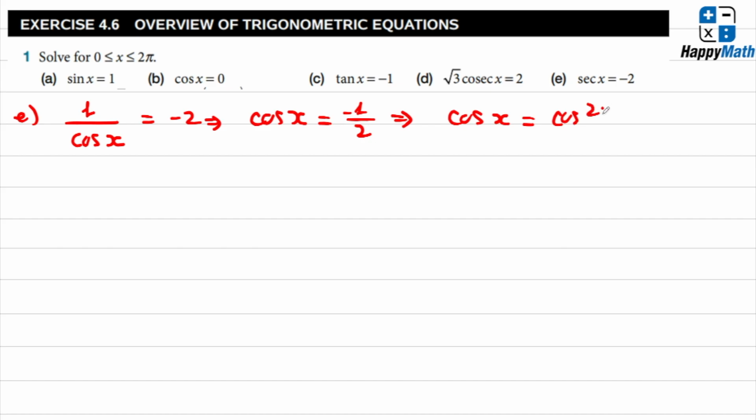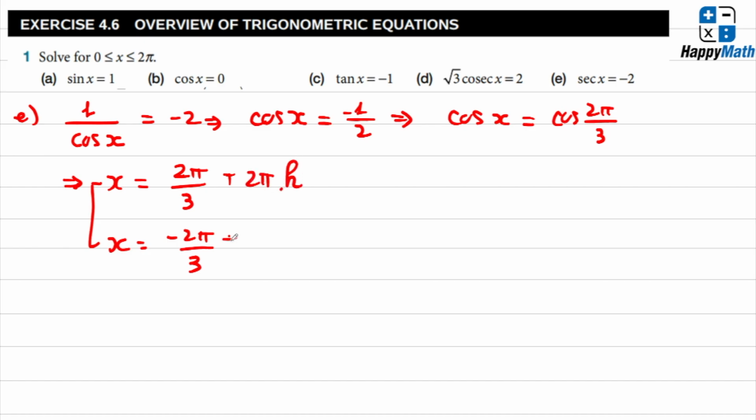This is 2 pi over 3. And for the formulas of cos, the first formula is 2 pi over 3 plus 2 pi k, and the second one is minus 2 pi over 3 plus 2 pi k.